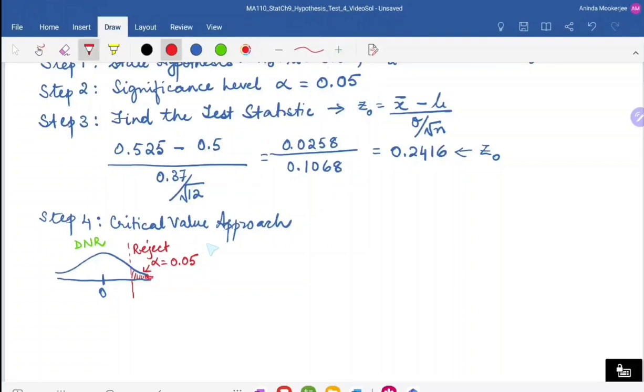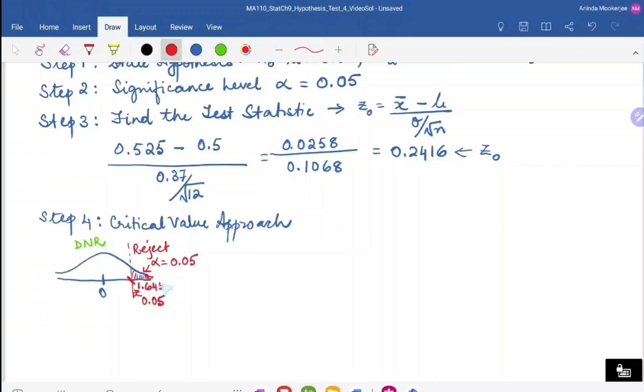So alpha is 0.05. The cutoff point is really a z value. The critical value is a z value whose area, in this case to the right, is 0.05. So what we are looking for is z of 0.05. It's going to be a positive z value because it's situated to the right of 0. And that value is 1.645.